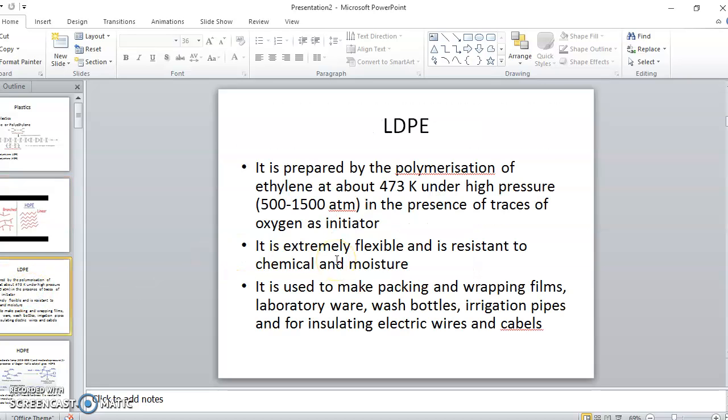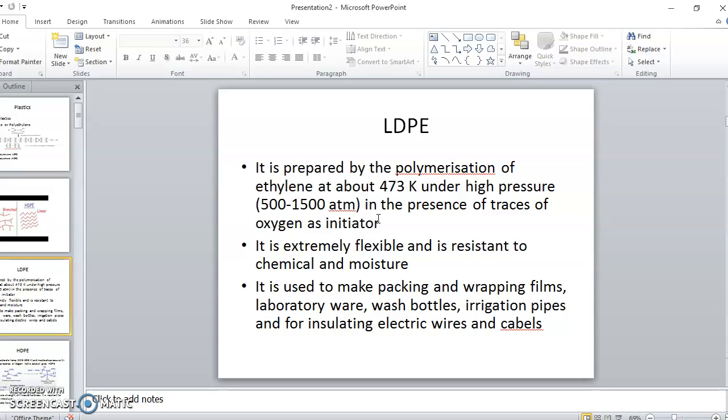Now we will discuss low density polyethylene. It is prepared by the polymerization of ethylene, CH2=CH2, at about 473 Kelvin under high pressure, 500 to 1500 atm, whereas a normal chemical reaction takes place at room atmospheric pressure, 1 atm.